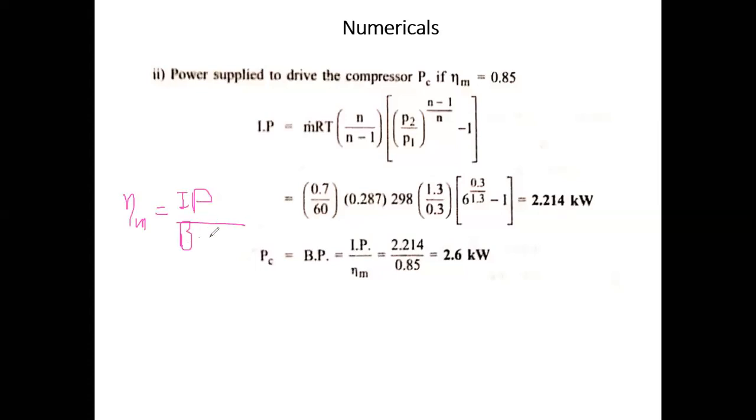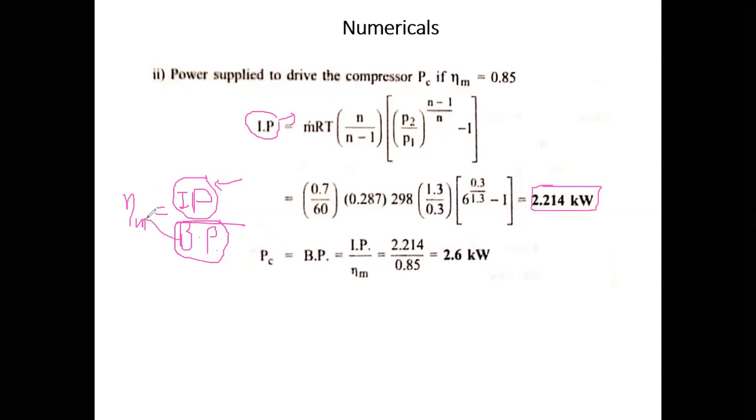This is the power available at the reciprocating compressor shaft, and this is the power available within the reciprocating compressor. So sorry, this is the formula for indicated power. We already found the indicated power, that comes out to be 2.214. So we have to find out the brake power. Just cross multiply: indicated power divided by mechanical efficiency gives the brake power, and it comes out to be 2.6 kilowatt.